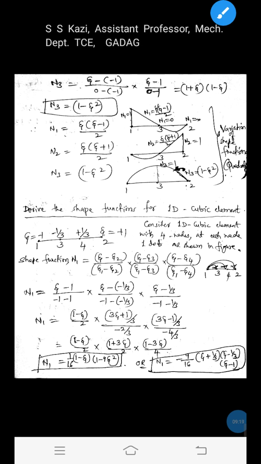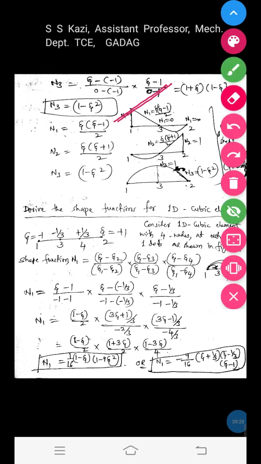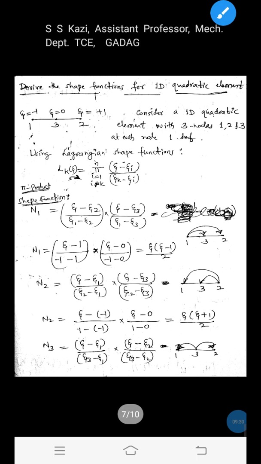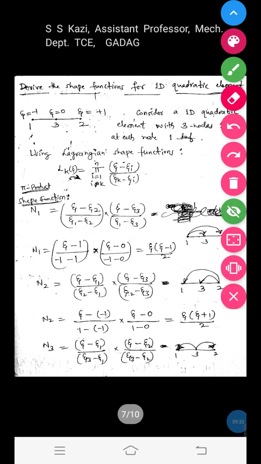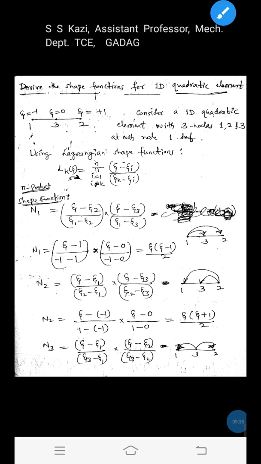Likewise, you can derive the shape functions N1, N2 and N3 using the Lagrangian method. One more thing I want to discuss: in the previous video we derived the shape function for the one dimensional linear element using the polynomial function.